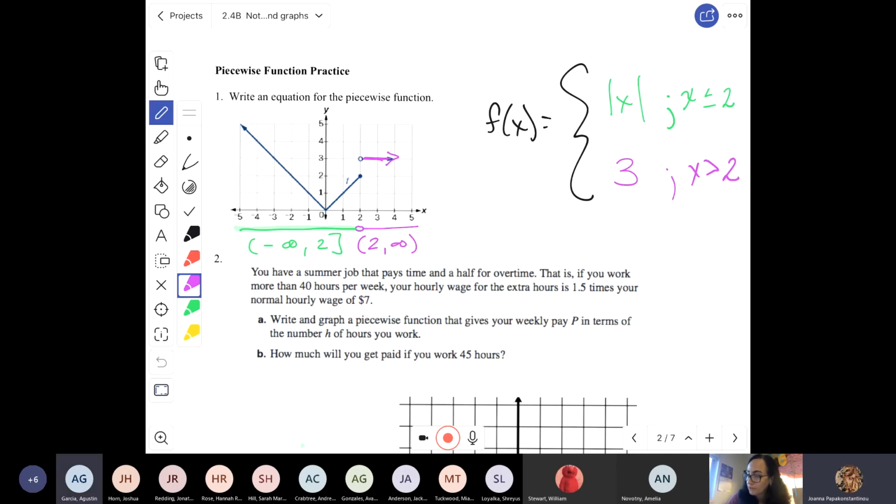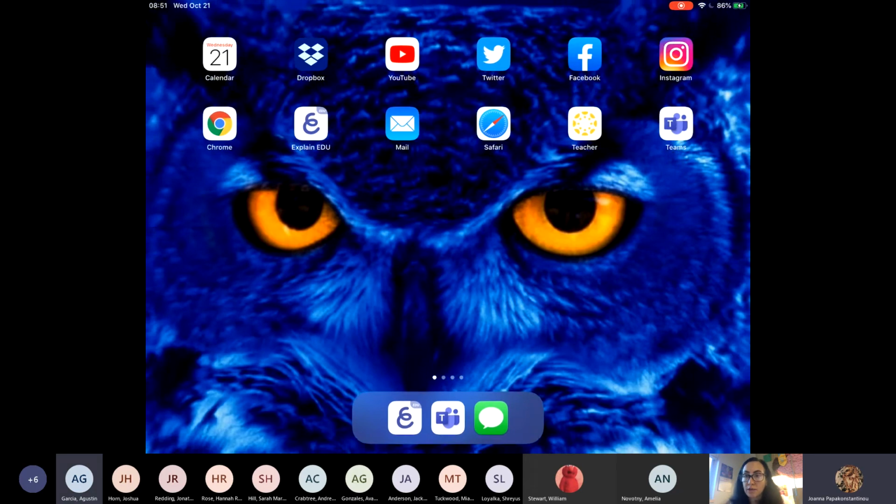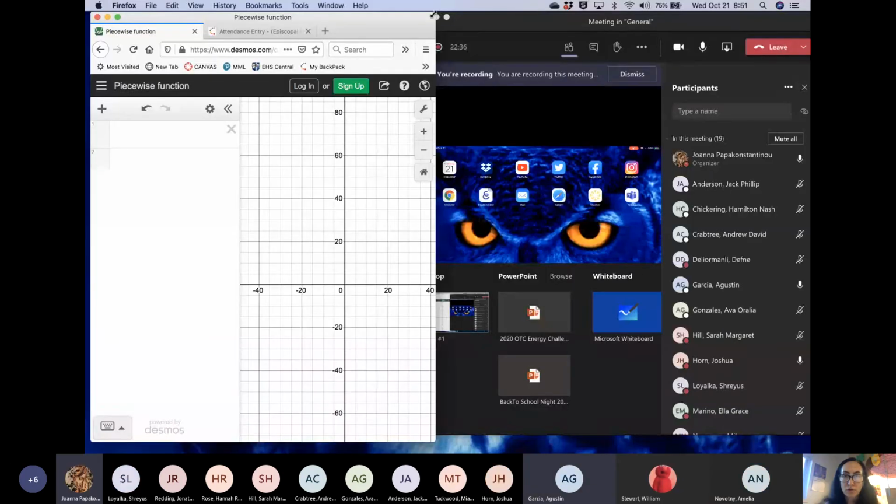Now, guess what? We can go to Desmos and check anything that we do. In our calculators, we have to have it as y equals. In Desmos, we do not. So let's see how we would graph a piecewise function using Desmos.